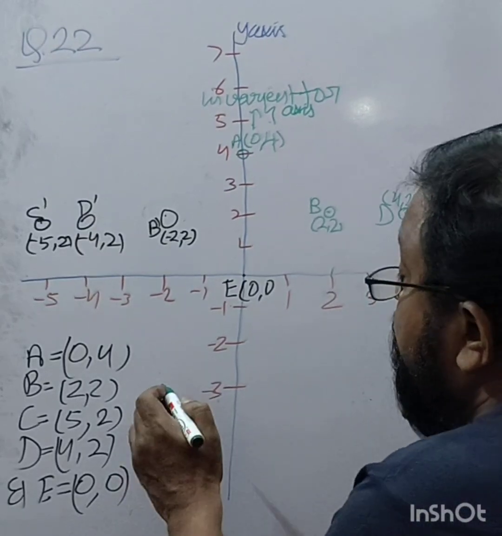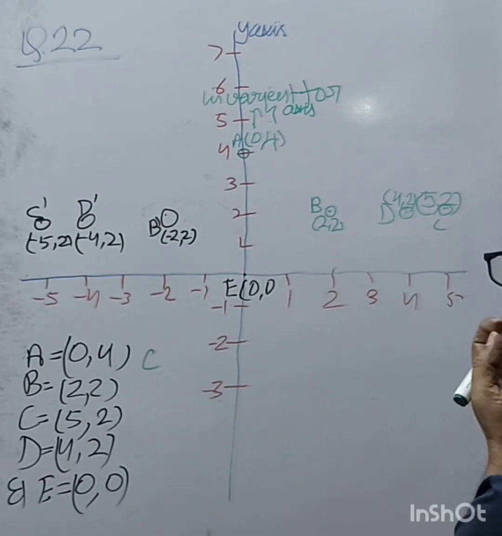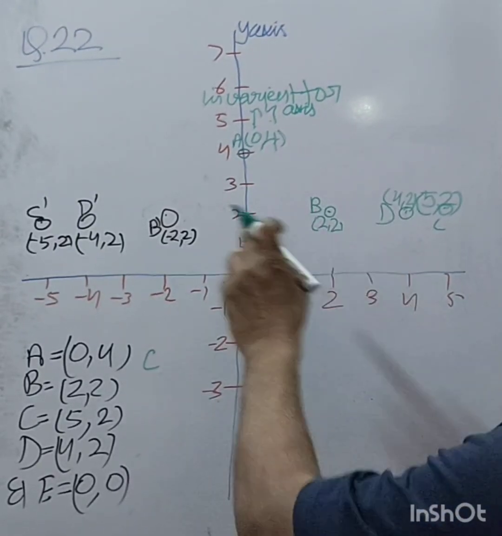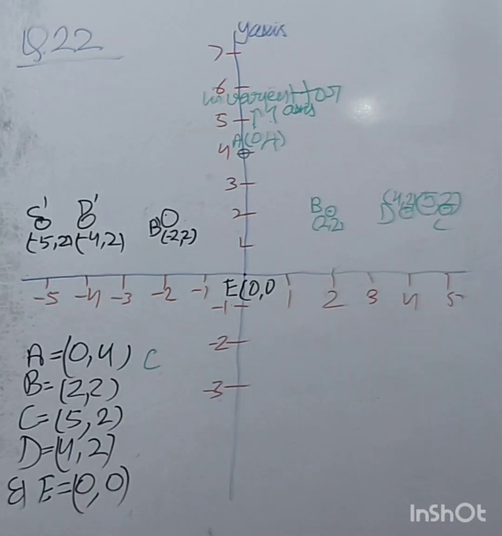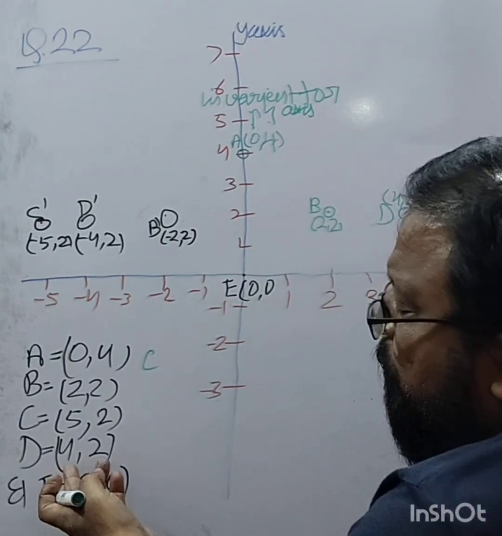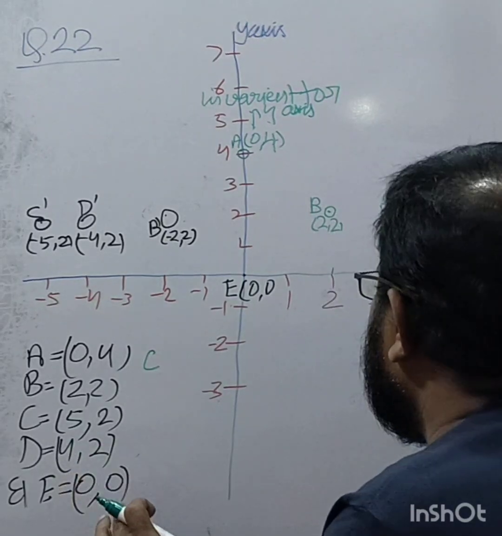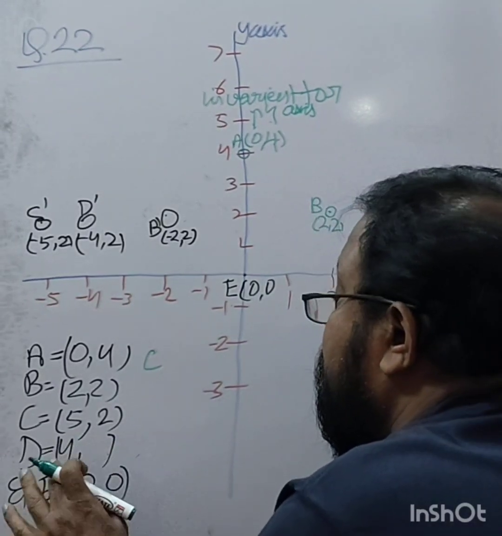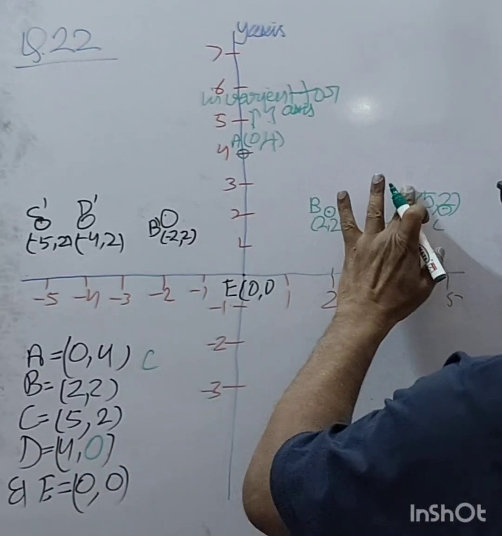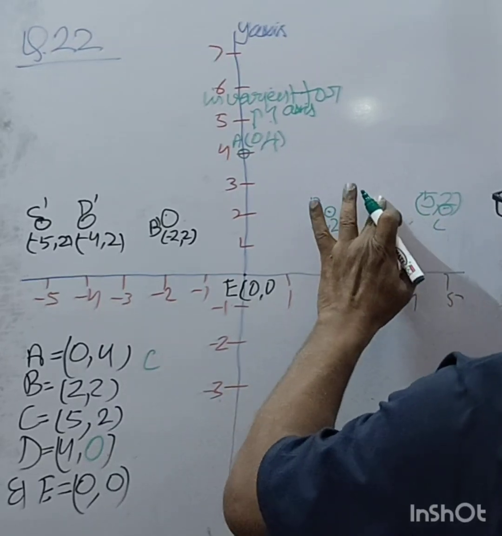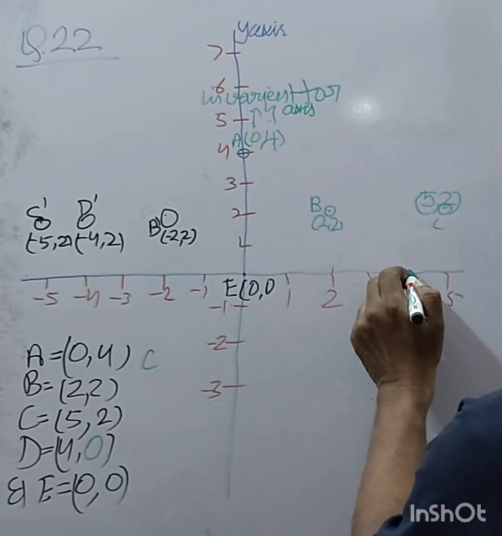Sir, you multiplied D by 4, minus 4 comma 2, no? Huh? It is 4 comma 0. You told me here 4 comma 0. I was thinking how would that be? Anyway, this is 4 comma 0, so it comes here.